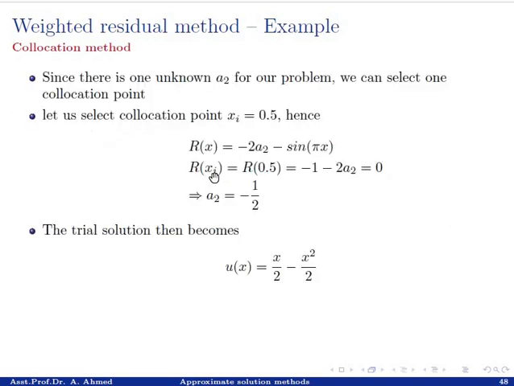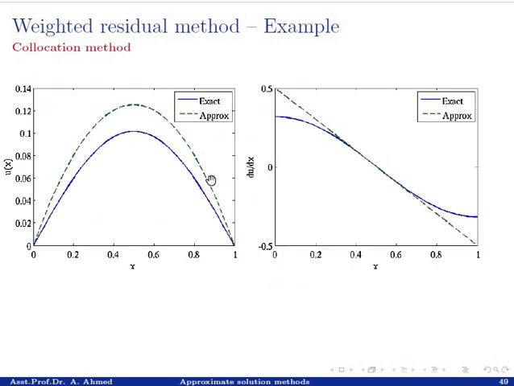For example, in the same problem, instead of putting the residual at x equal to 0.5 equal to 0, if I enforce the residual equal to 0 at x equal to 0.25 or x equal to 0.3 or x equal to 0.75, I will get 3-4 completely different answers. By changing the point at which I am enforcing the residual equal to 0, I will get completely different answers.